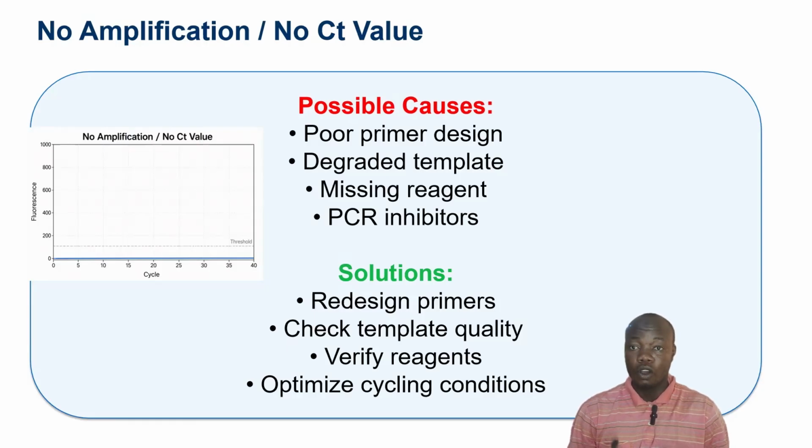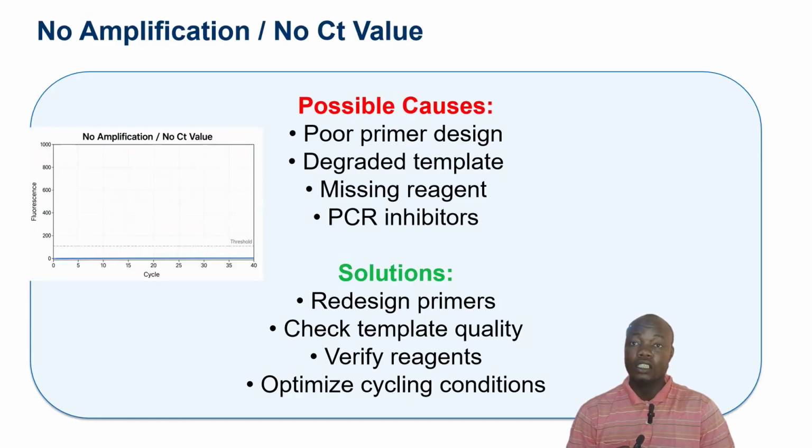You can use nanodrop to assess the quality of your template, and then verify the reagent. Make sure that all the reagents required for the qPCR are added, and then optimize the cycling conditions. Usually for qPCR, it runs between 25 to 45 cycles. So make sure you optimize the cycling conditions to make sure that everything is in order.